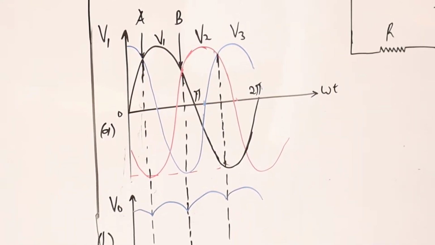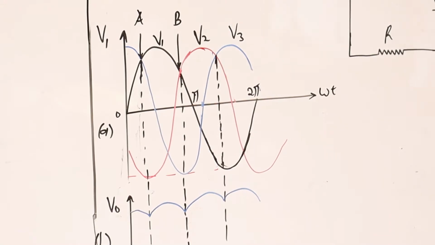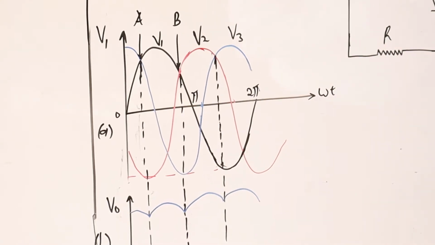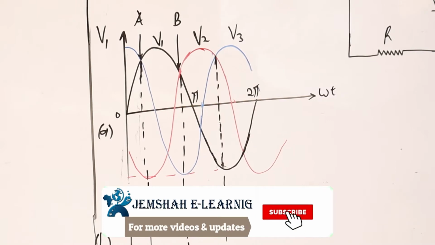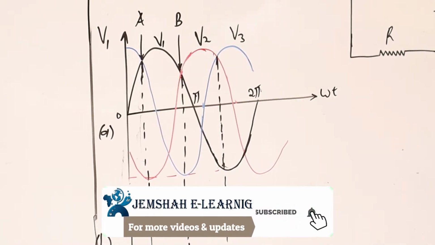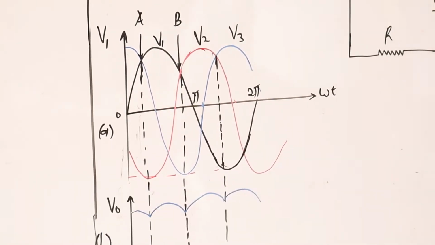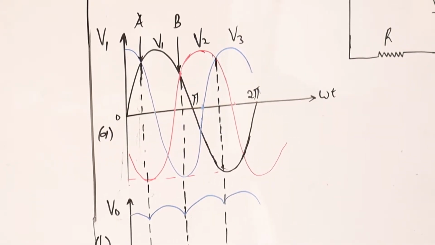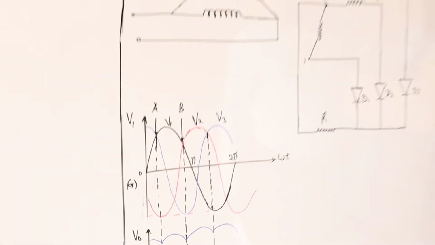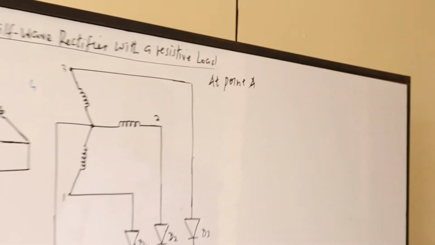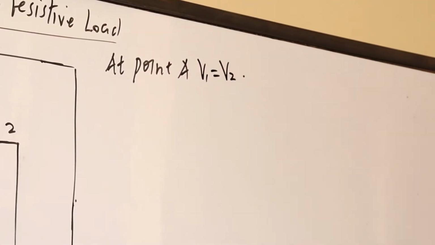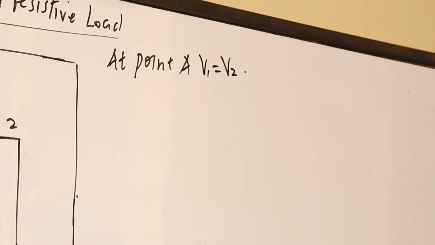That is V1 and V3. So at point A, V1 is equal to V3.